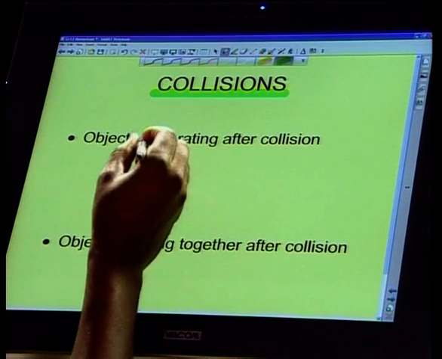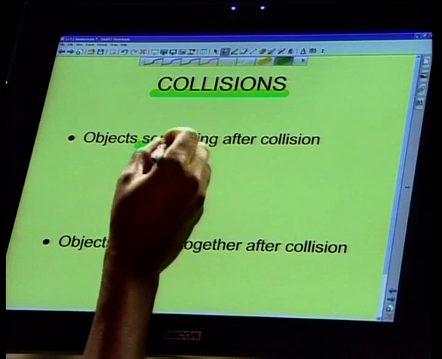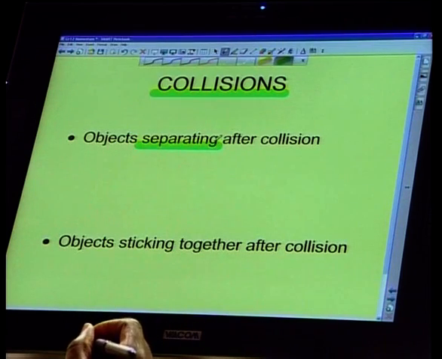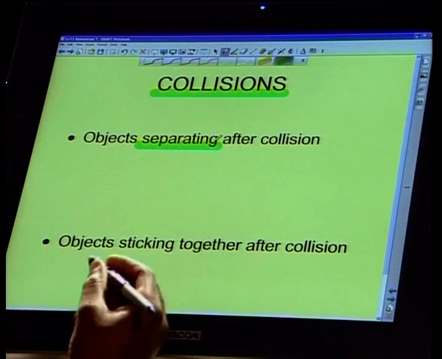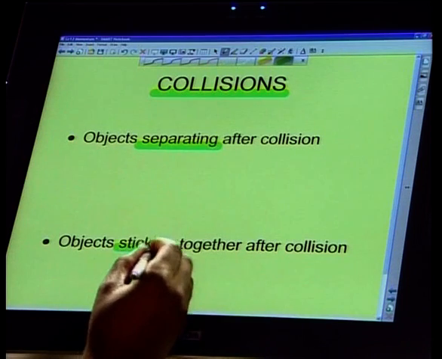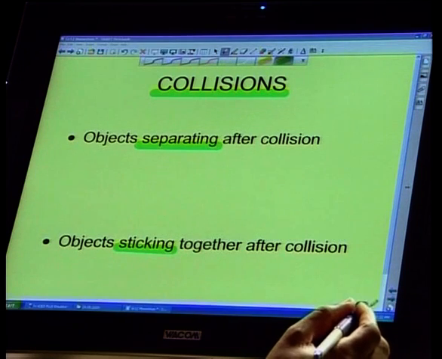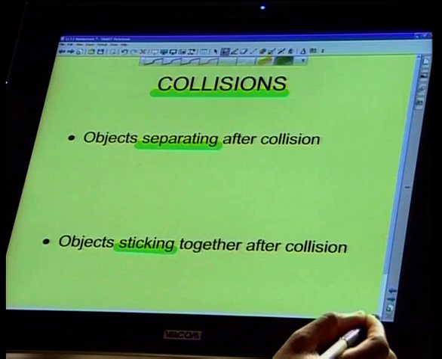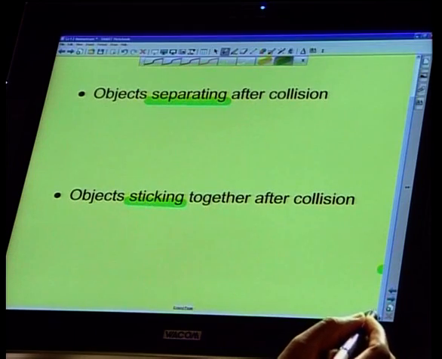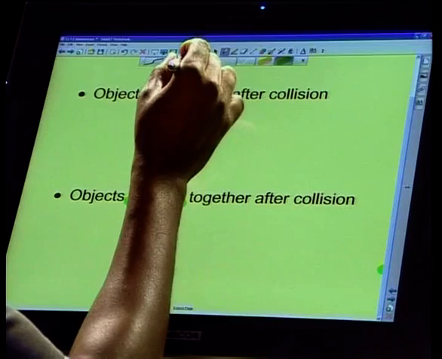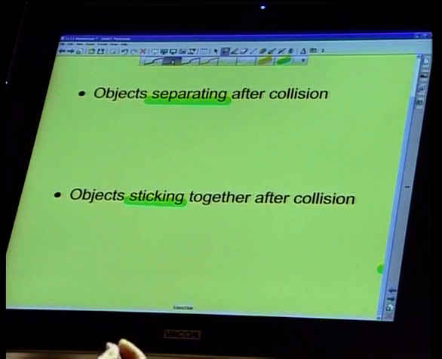One, they can collide and separate after collision. That's one situation. Or they can collide and stick together after that collision. So we've got two situations here. Now, let's try and unpack this.